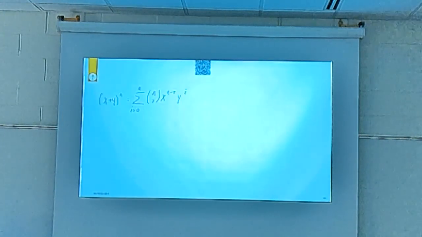That's the binomial theorem, where n choose i is a binomial number, which is easiest found by Pascal's triangle. The third row, since n is 3, is 1, 3, 3, 1. So 3 choose 0 is 1, 3 choose 1 is 3, 3 choose 2 is 3, 3 choose 3 is 1.